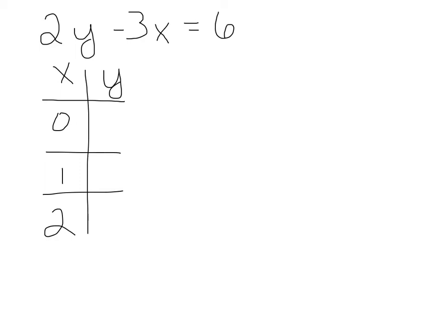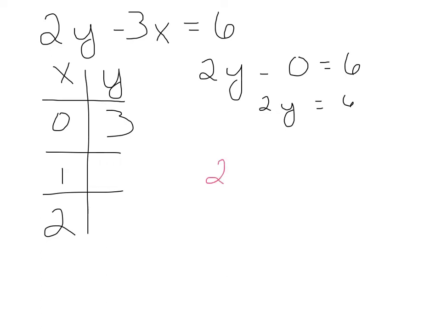So when I plug 0 in for x, I have 2y minus 3 times 0, which is just 0, equals 6. I'll solve that equation for y, so 2y equals 6, and y equals 3. Now I'll do the same thing with 1, so 2y minus 3 times 1, which is 3, equals 6.